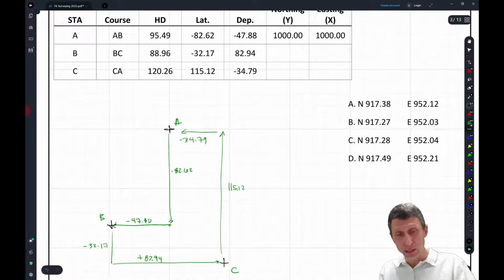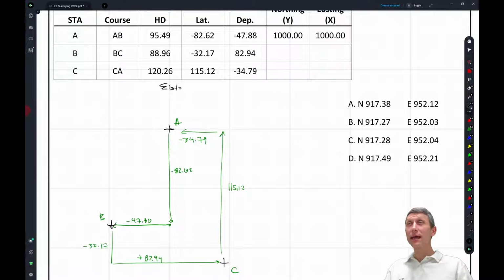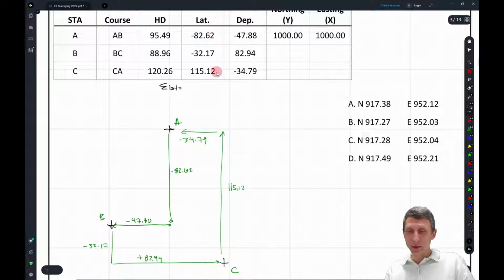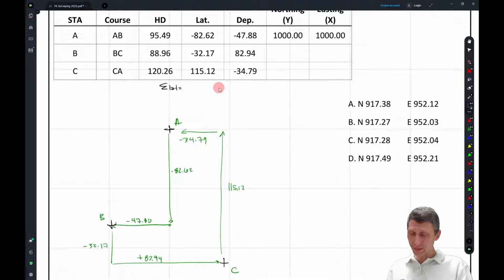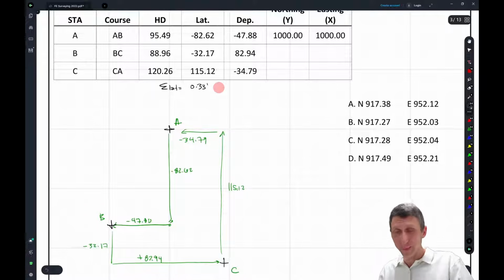because if we take a look at this and I sum my latitudes, what do I get? I'm just going to sum this column, right? So minus 82.62 minus 32.17 plus 115.12, and I got a difference here of 0.33 feet.